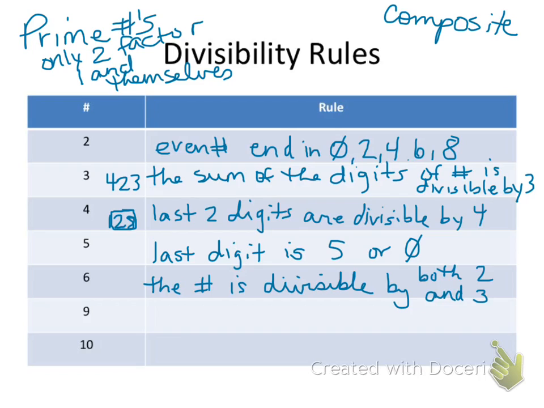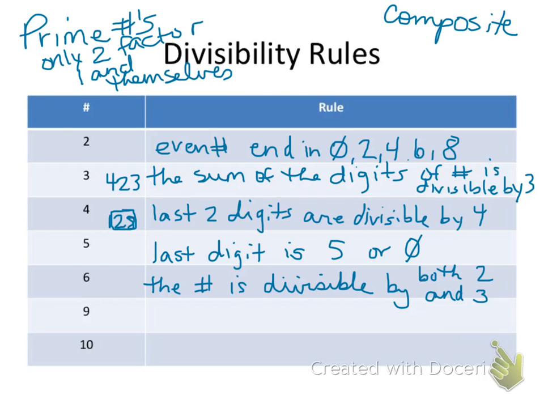So you first look at the number. You see if it's even. If it's even, it's divisible by 2. You add up its digits. If it's divisible by 3, then it can also be divisible by 6 because it has a factor of 2 and 3, and if you combine 2 and 3 through multiplication, you get 6.